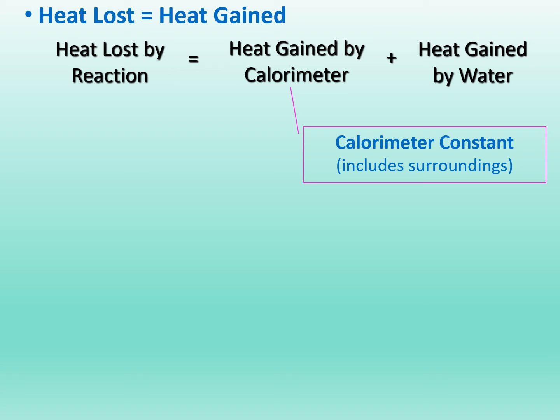Now, the thing with a calorimeter constant, and we'll do a little bit of this in the lab, is that it's predictable. We can sort of zero in a calorimeter. If we know how much heat escapes, we can figure that into our calculations, and that will be consistent for that device.